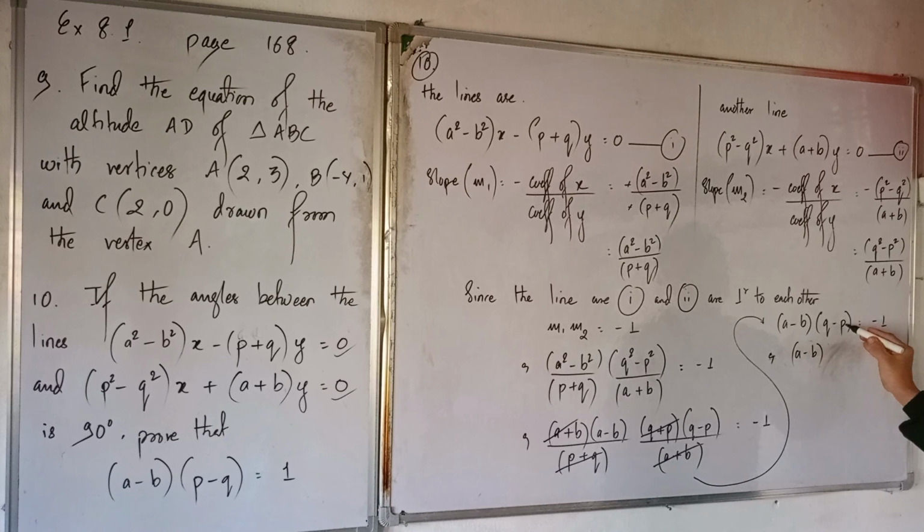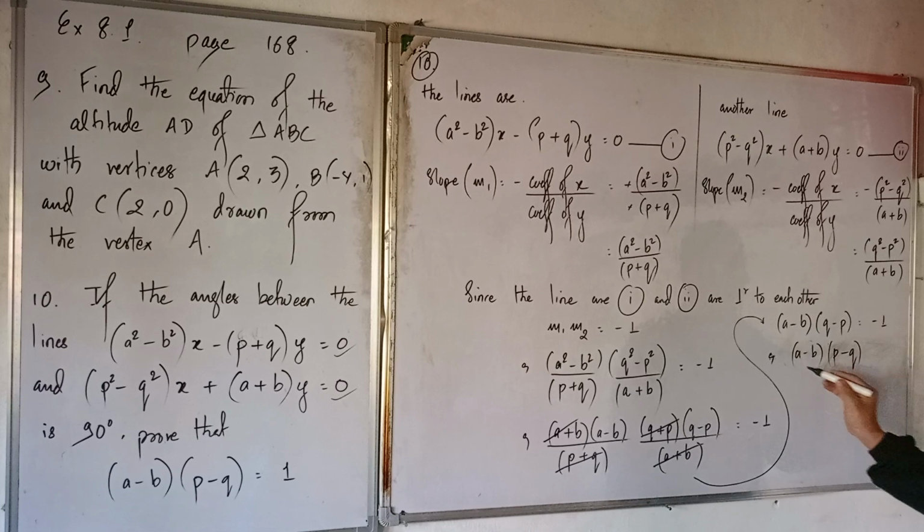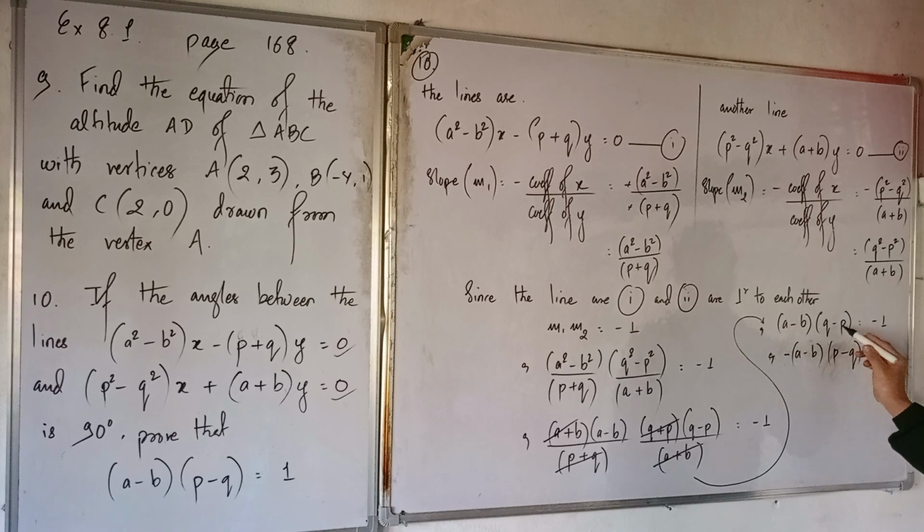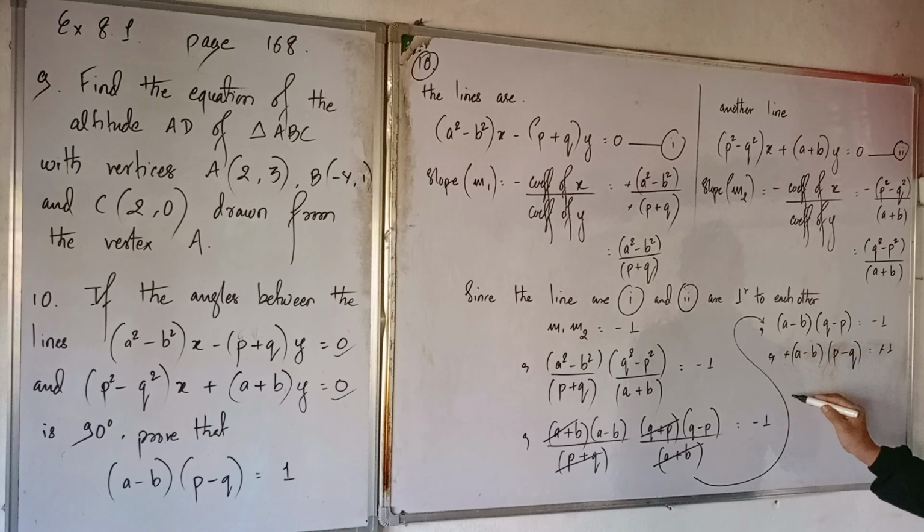Now q minus p can be written as p minus q, but you have to change the sign. Interchanging the places, there will be a negative sign, and this negative sign cancels, and the remaining becomes (a minus b)(p minus q) is equal to 1, which is what we had to prove. Finished.